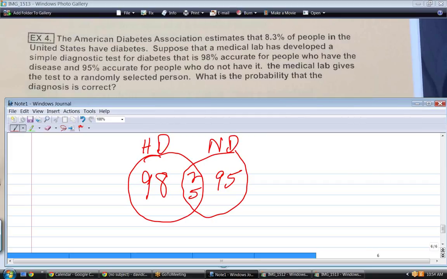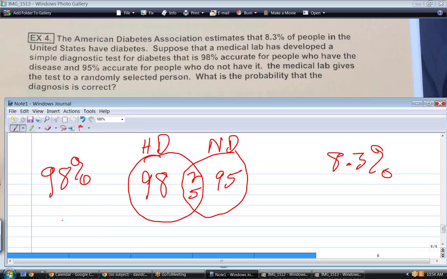So, since the number of people that have diabetes is 8.3%, what is the probability that the diagnosis is correct? Well, if you have diabetes, it's 98%.